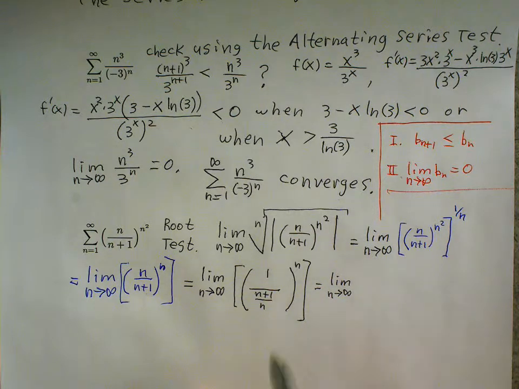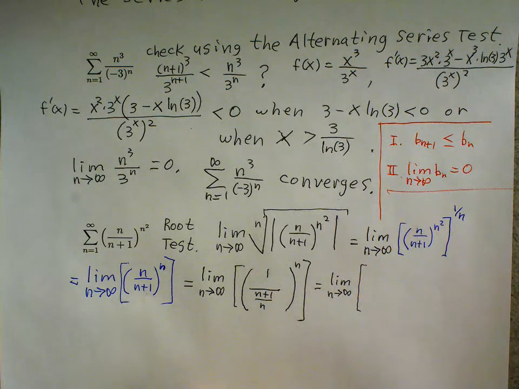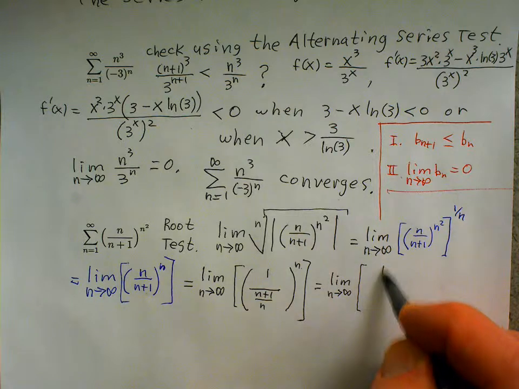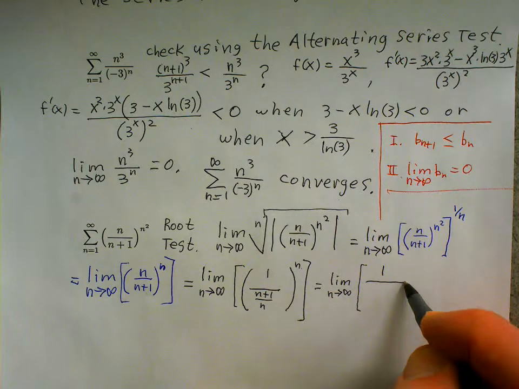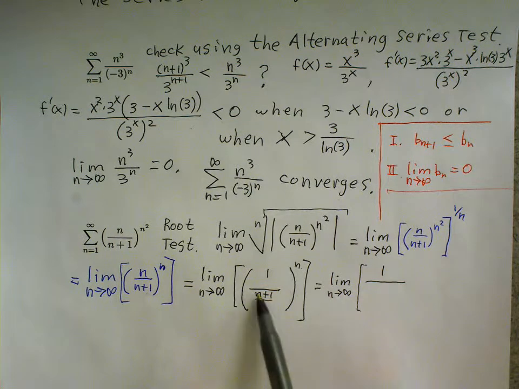So in the next step, we'll do a couple of things. When we apply the outer exponent n, 1 to the n is just 1. And so the exponent n applies to n plus 1 over n.